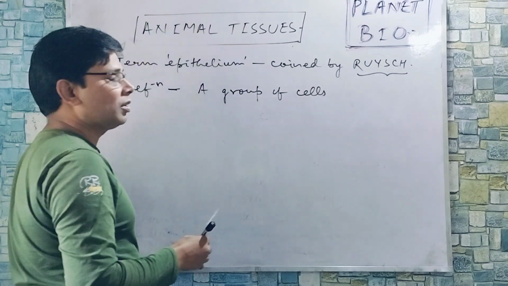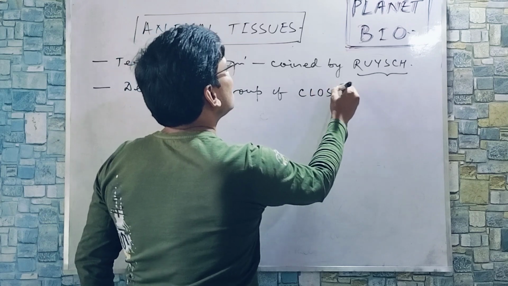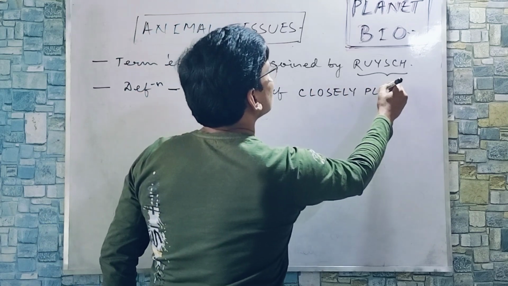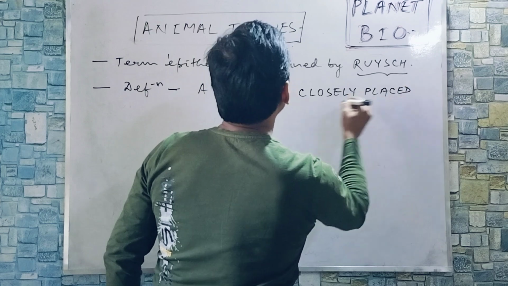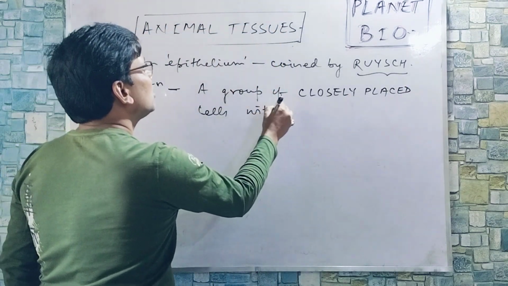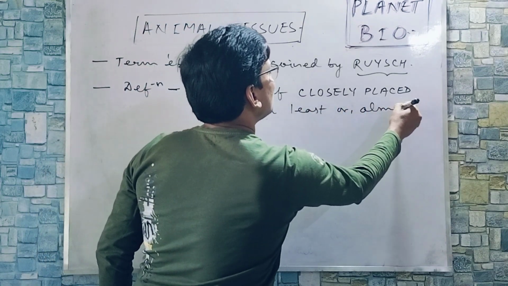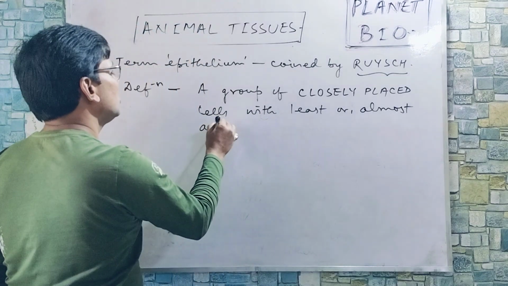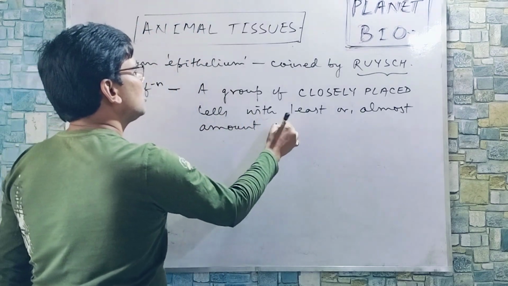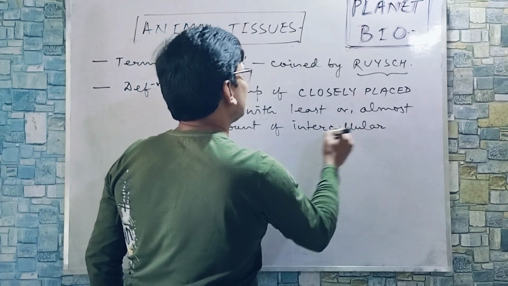What type of cells? Closely placed cells with least or almost no amount of intercellular substance or matrix.